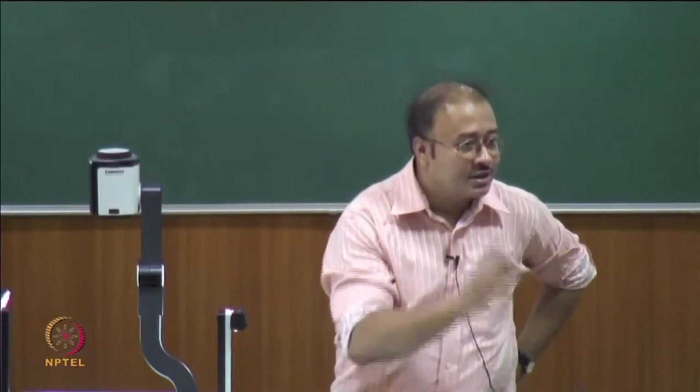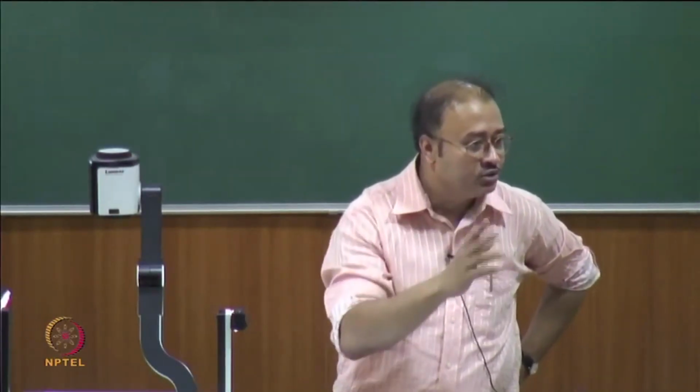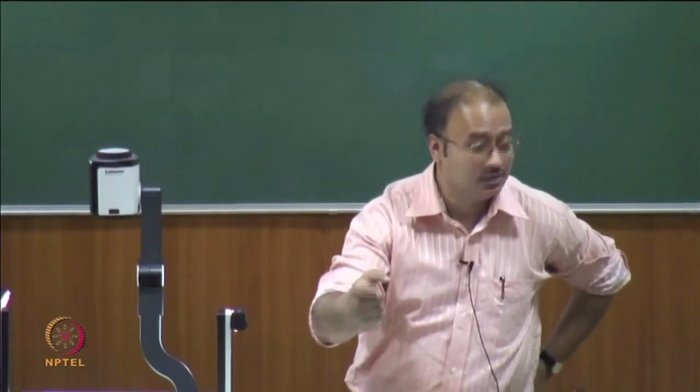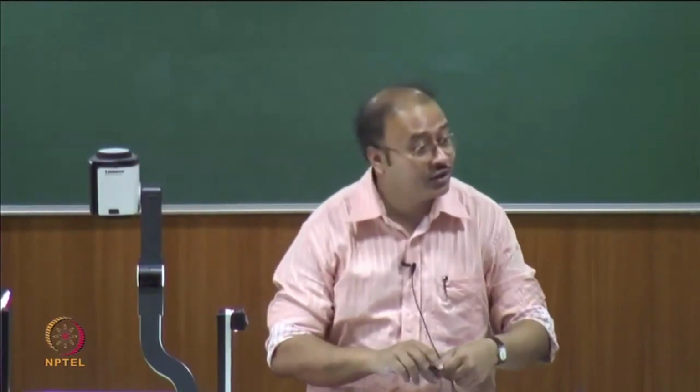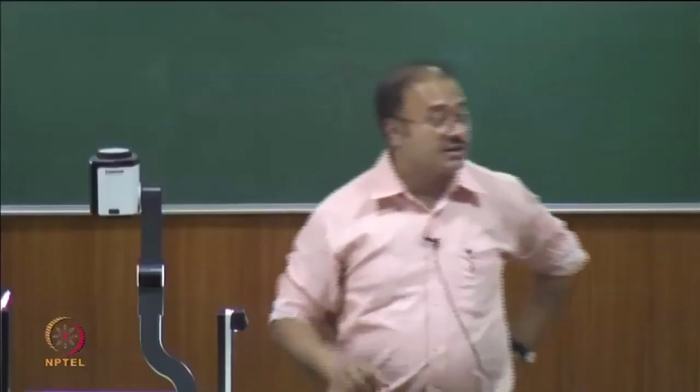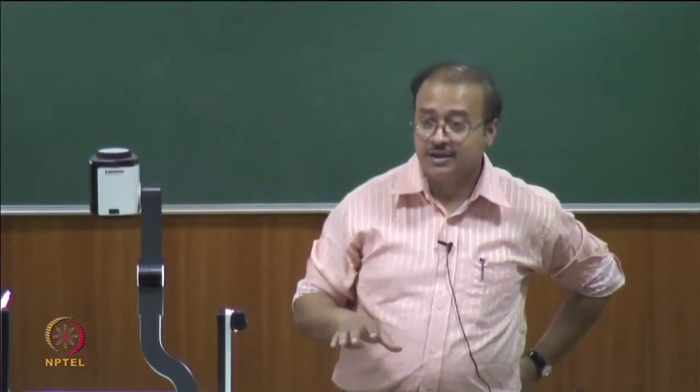That means Ku by Kf, or Kf by Ku, should essentially be equal to 1, so they should be comparable. In a chevron plot, the point where they intersect means that Ku and Kf have the same value, and that is your Cm. This is how you can also figure out what your Cm is and see whether it matches with your equilibrium studies. Okay.